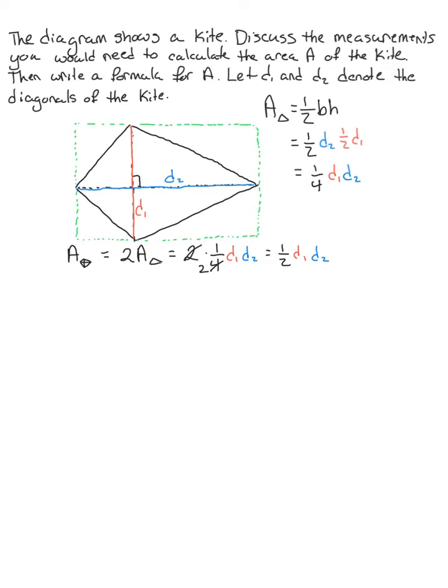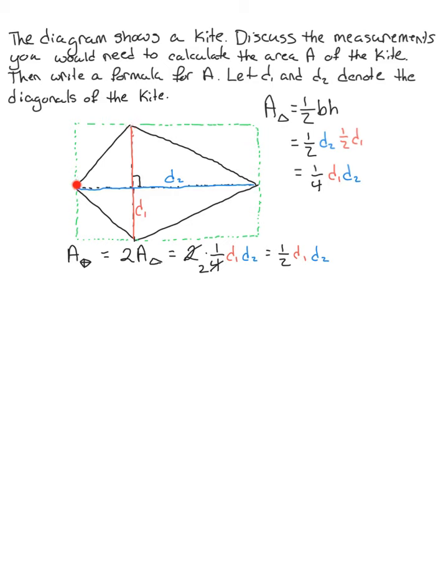So from the picture here, we can see that half of all of the rectangles are covered by different parts of this kite. So if we took the area of the whole rectangle and subtracted the area of the outside parts, well, then we would have the area of the kite. But here, a trick to notice is that the area of this rectangle is twice the area of the kite.